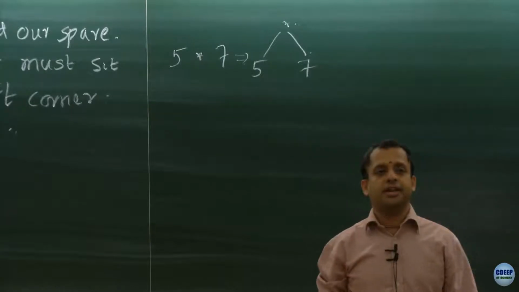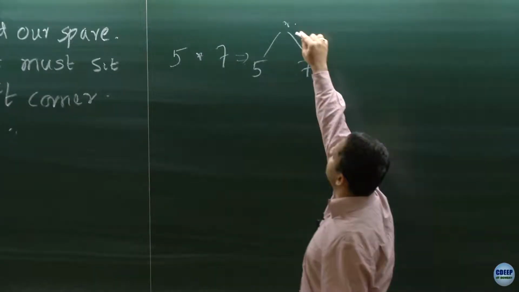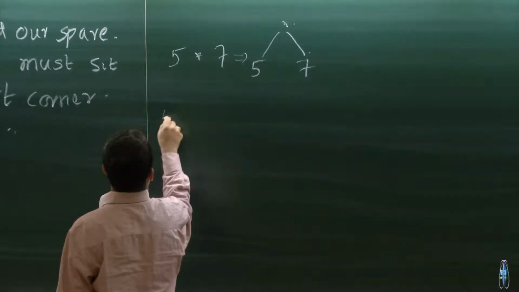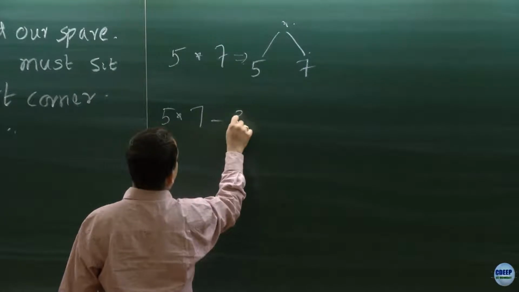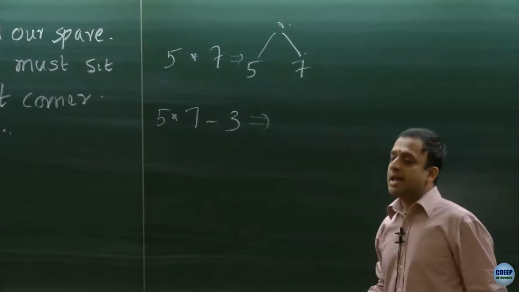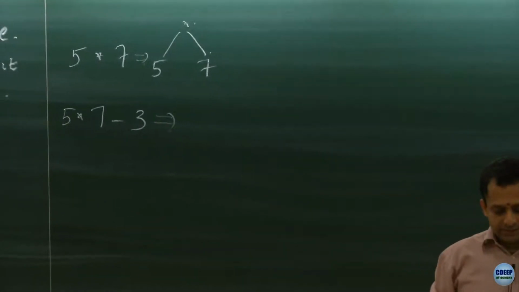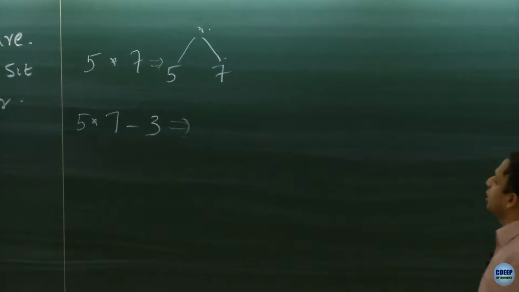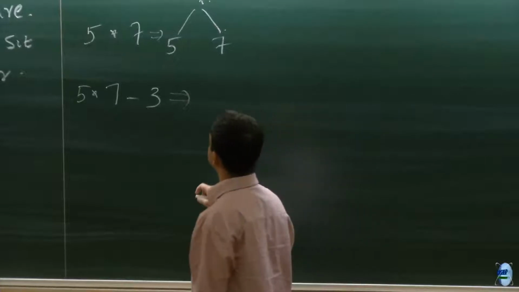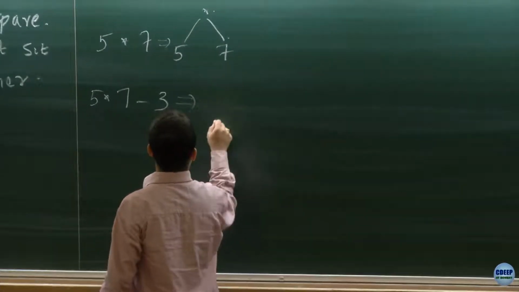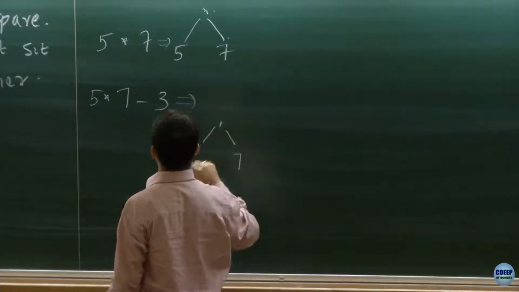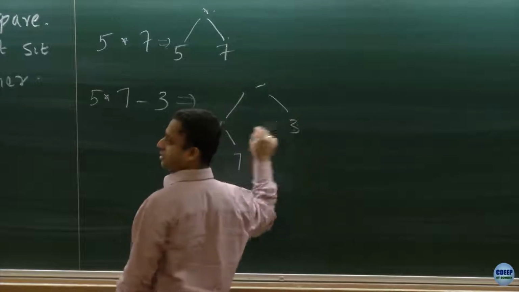So we have a small tree, multiplication at the top and 5 and 7 as the children. 5 into 7 minus 3. Now you have to start looking at the precedence. So what has precedence here? Multiplication. So you build bottom up, 5 multiplied by 7 minus 3.